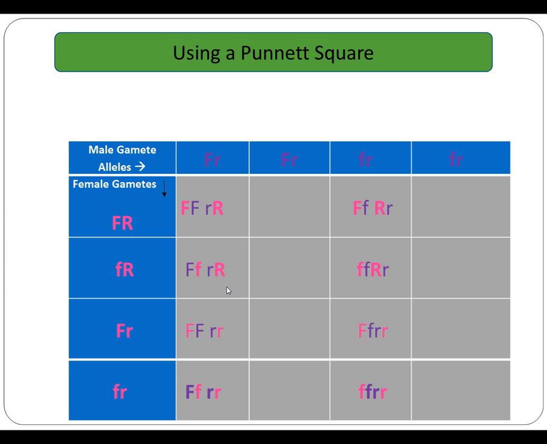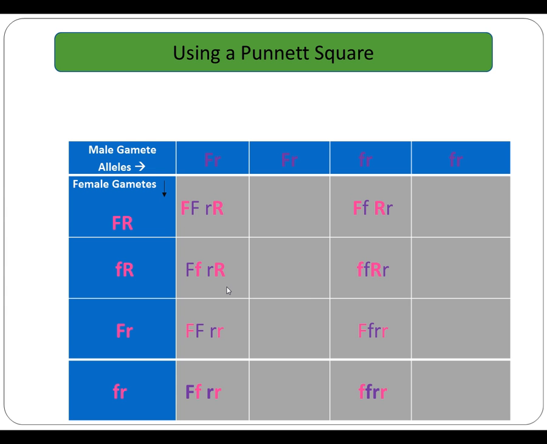Moving down to the next combination, the offspring would be heterozygous for each trait, the dominant and recessive for each trait.